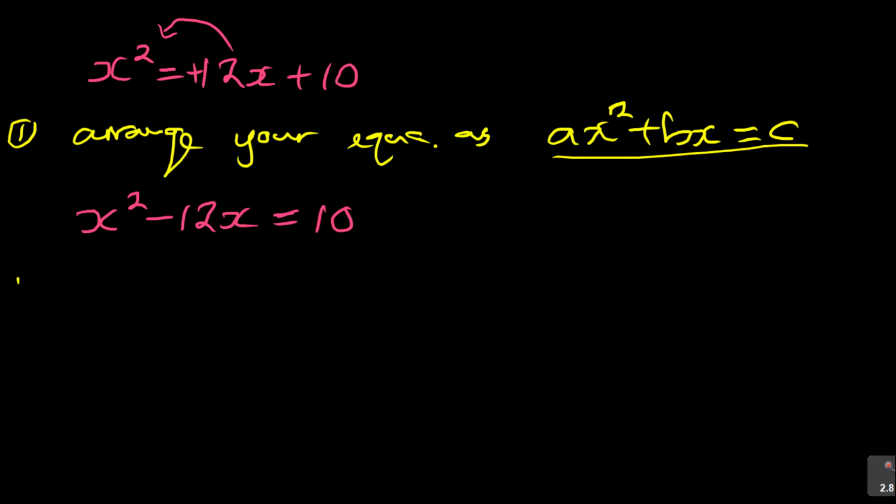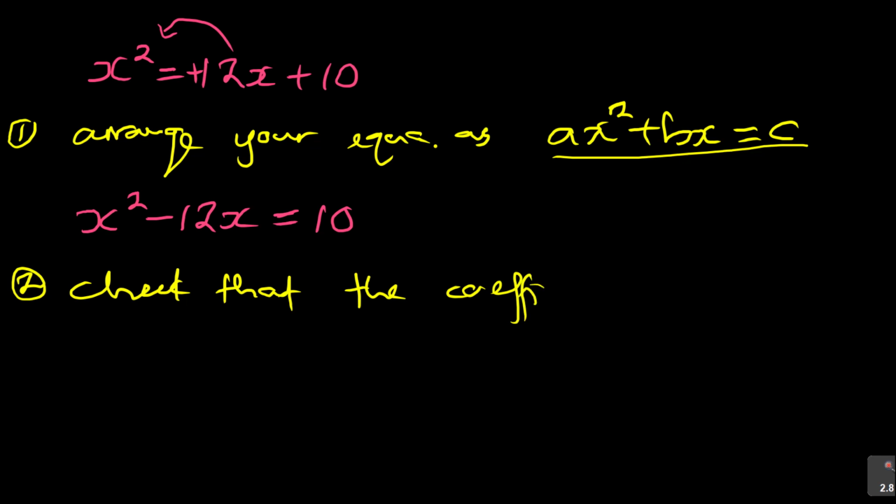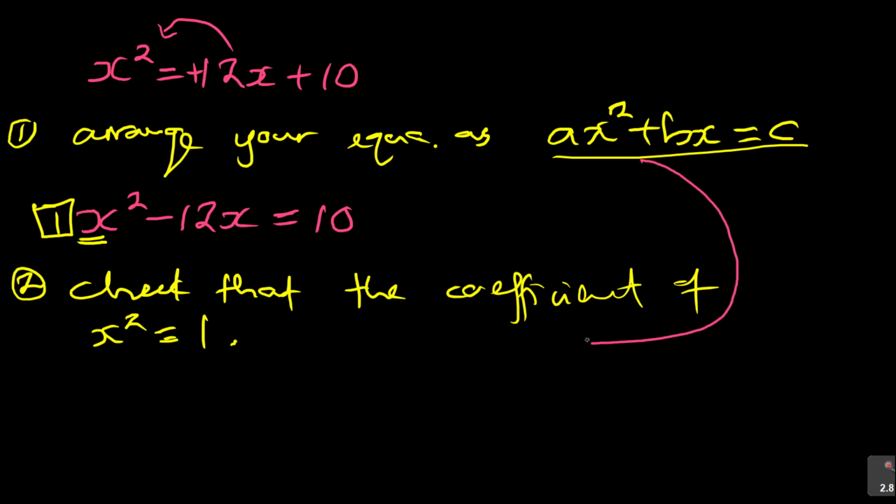Step number 2, check that the coefficient of x squared is equal to 1. How do you check? You come here to the coefficient of x squared. Look at the number here. You can see that by default there is already a 1. But if you are moving from this scenario here, you're going to divide by a.